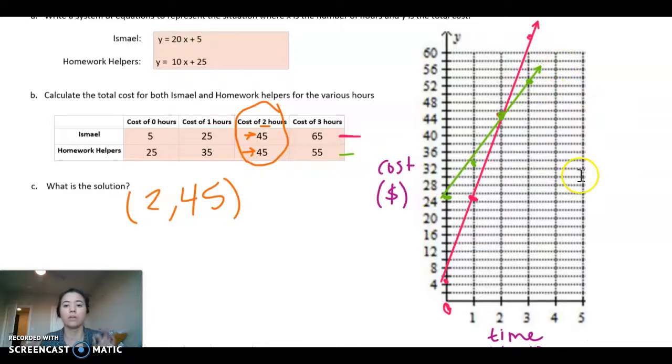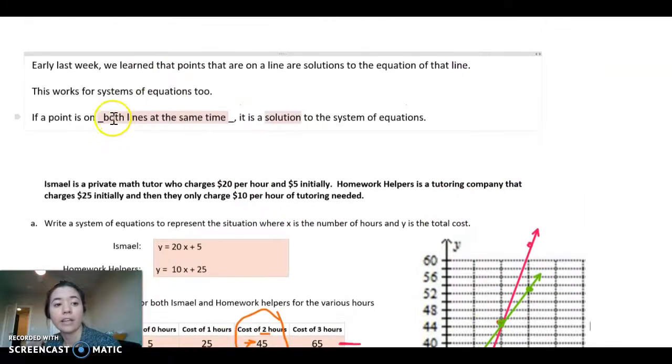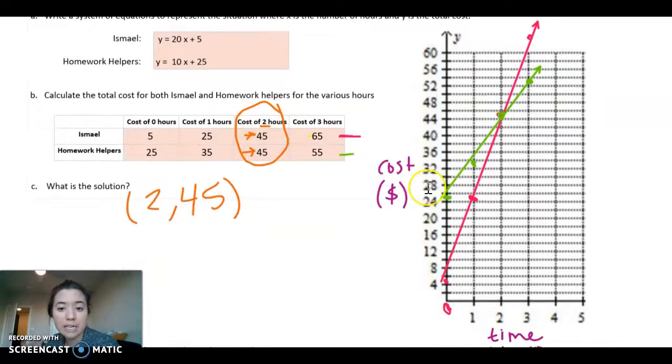Alright, cool. So now we have it graphed. We just took this table and we're representing it here. Now, what do you think the solution would be? Or more specifically, where do you think the solution would be? Where they intersect. Again, the point is on both lines at the same time.